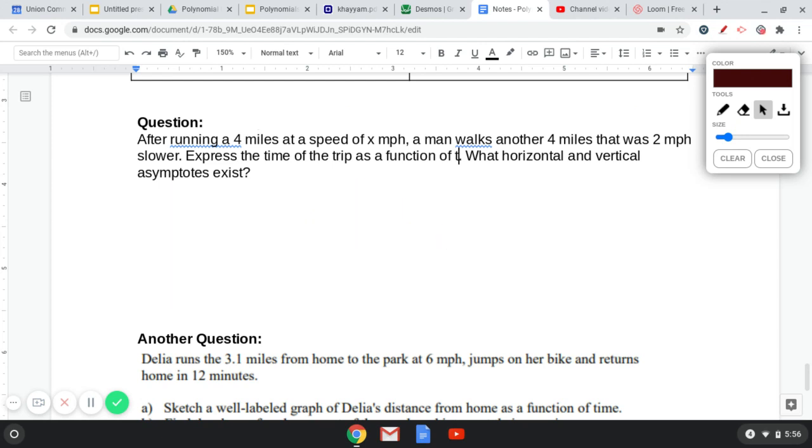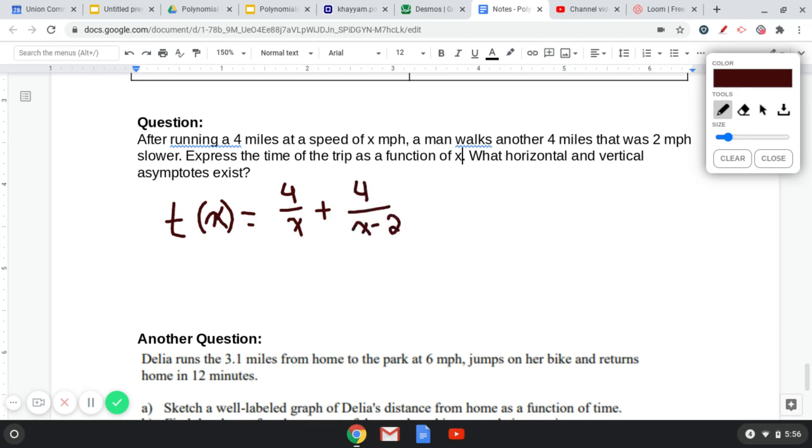This was correct. This is a function of x. Okay, well, that disappeared, so I'm going to rewrite that quick. So the time of x is going to equal 4 over x plus 4 over x minus 2. And that's it. So now what horizontal and vertical asymptotes exist?